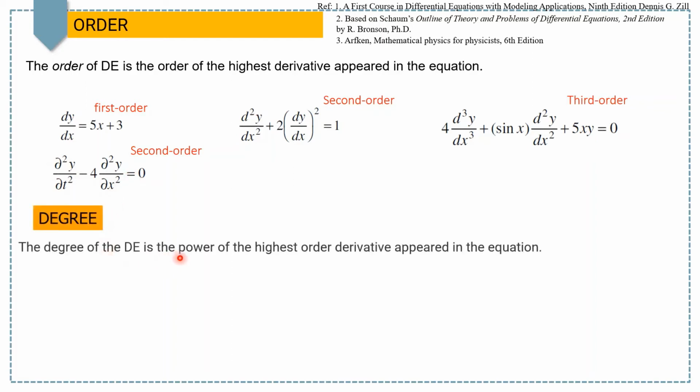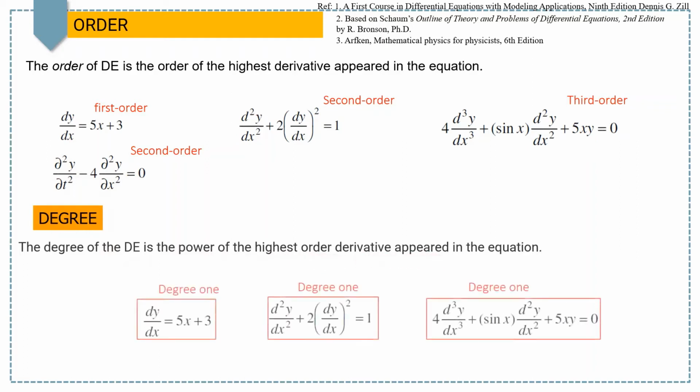The degree of a differential equation is nothing but the power of the highest order derivative appearing in that equation. For example, if you look at this differential equation, it is a first order differential equation, but the power of this first order derivative is 1, so the degree is 1.